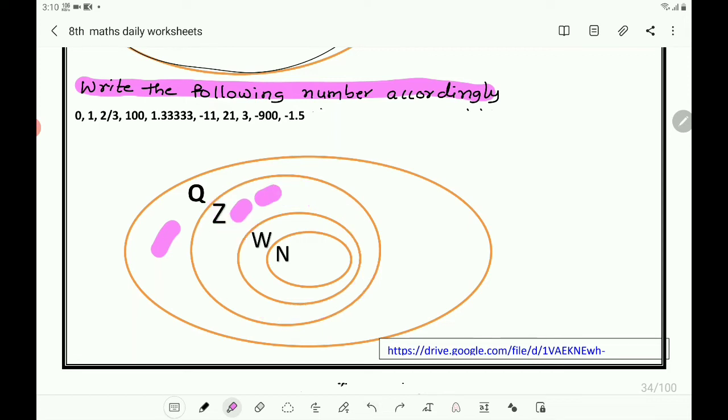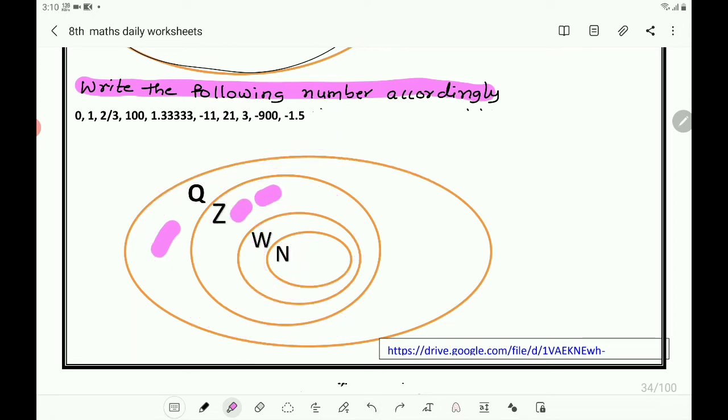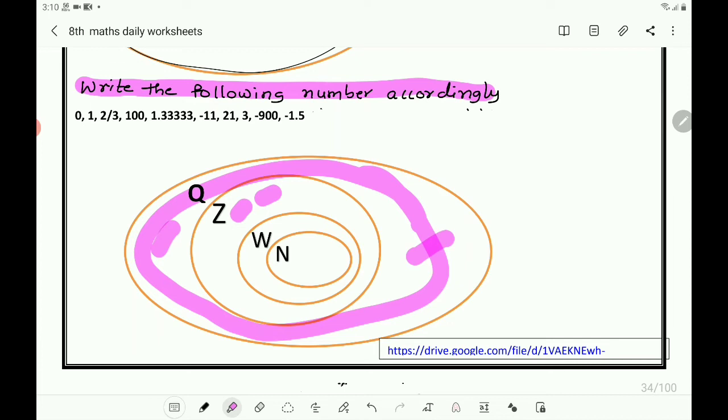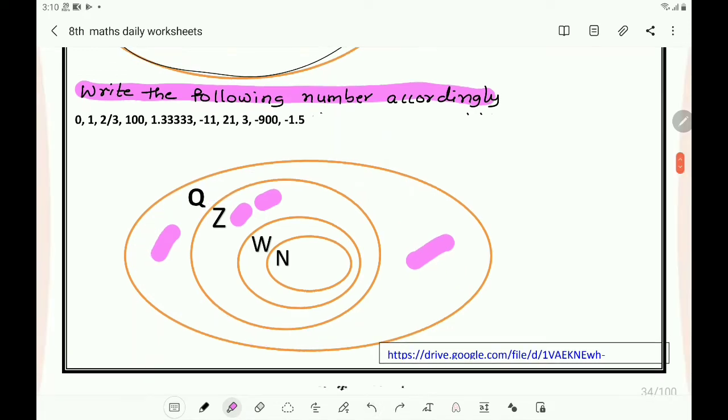Again here you know that Q includes all of this: N, W, Z. But you must write the fractions and decimals in this area only. Think and write, children. So take these numbers and write them accordingly.